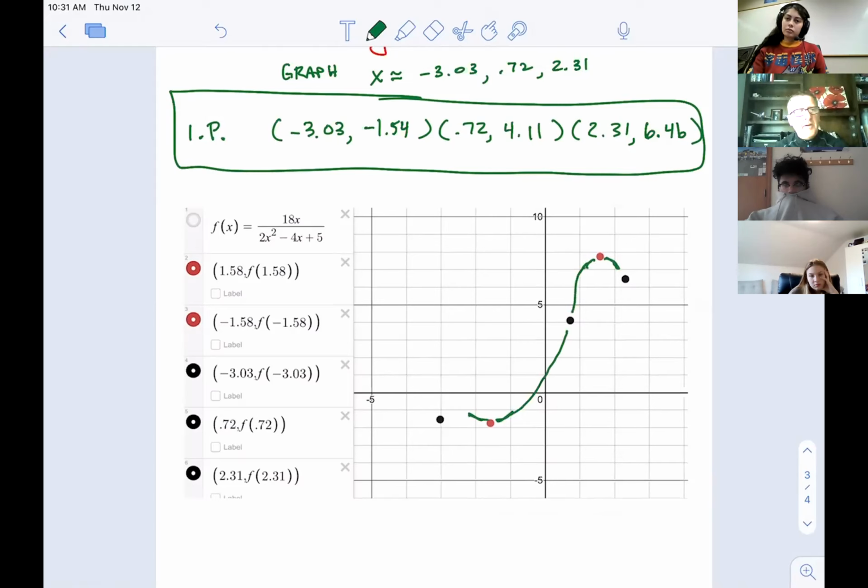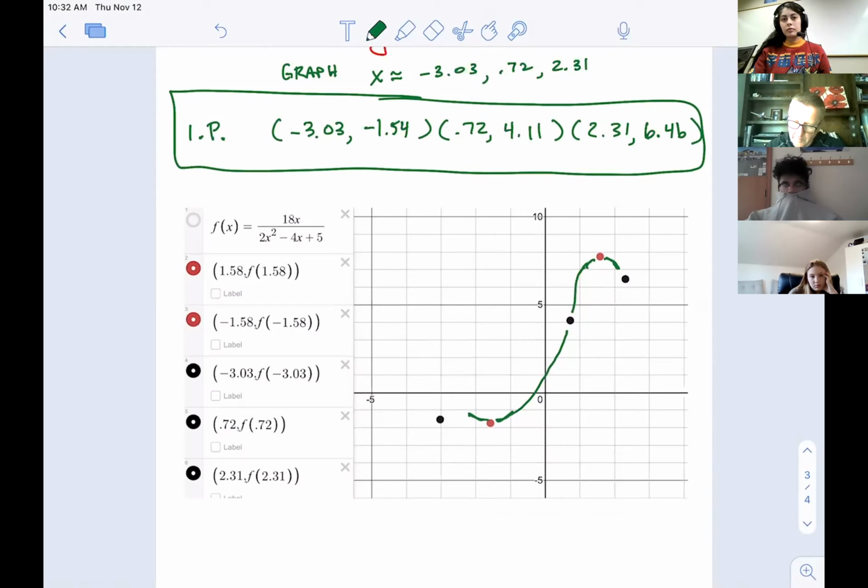Do you see the transition there from concave up to concave down? I mean, right through here wouldn't it be concave up, and then someplace in here there'd have to be a transition point. So that's what that inflection point represents, a transition point to concave down. And so that looks good.